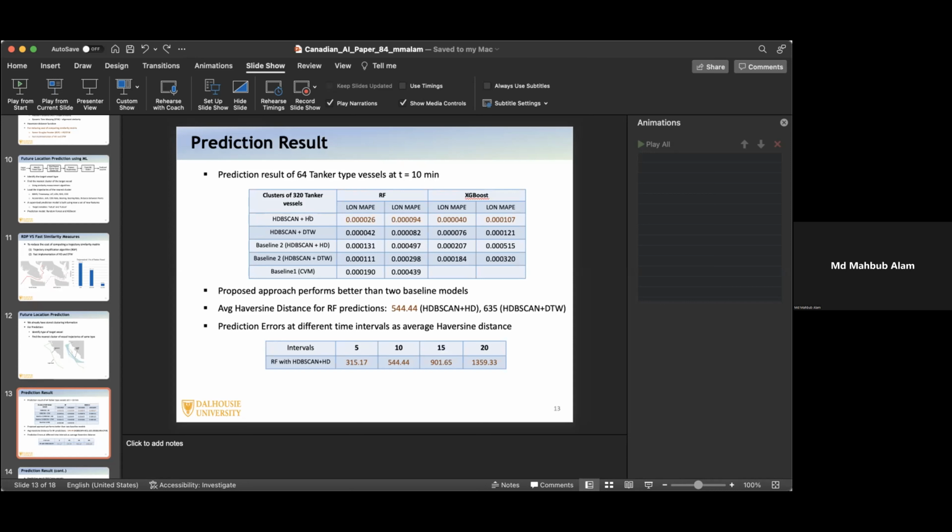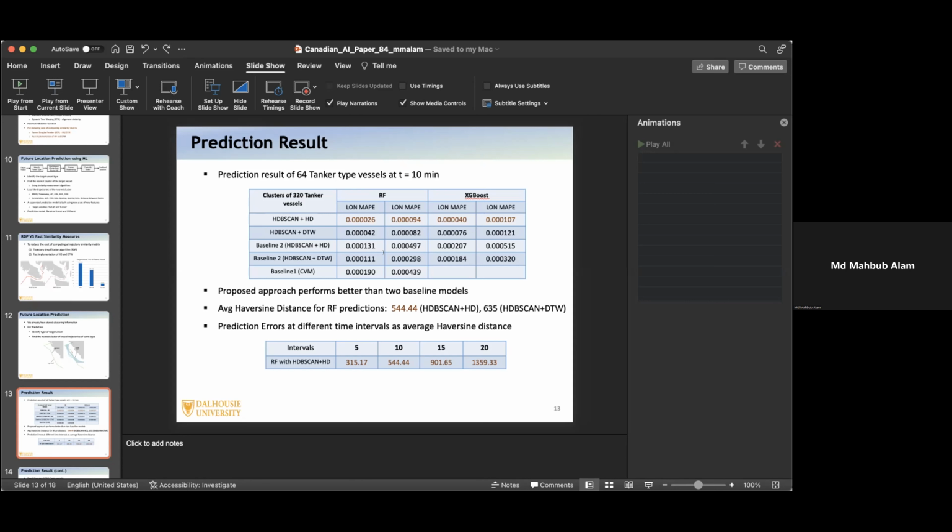We also compare the results with 2 baselines. In baseline 1, we use all the trajectories of the nearest cluster to train the model. But in baseline 2, there are some models that have used a representative trajectory of the nearest cluster, maybe the central trajectory of the nearest cluster. So we also use the central trajectory.